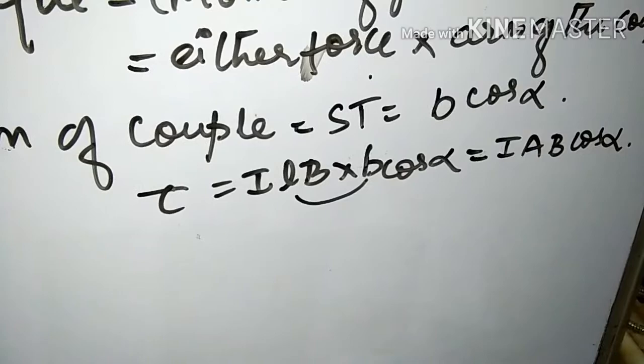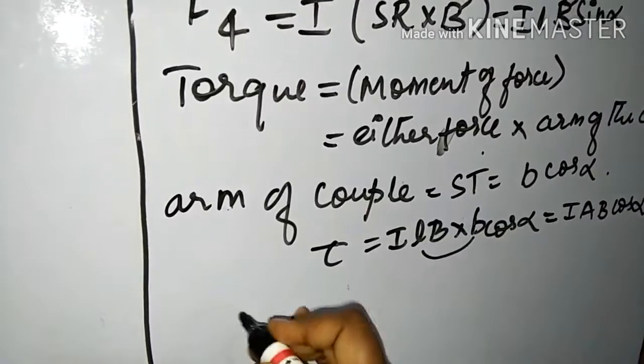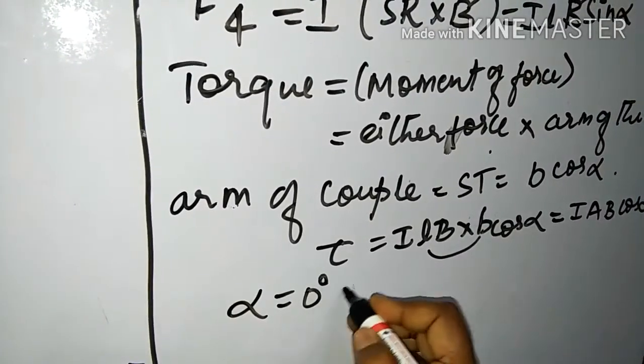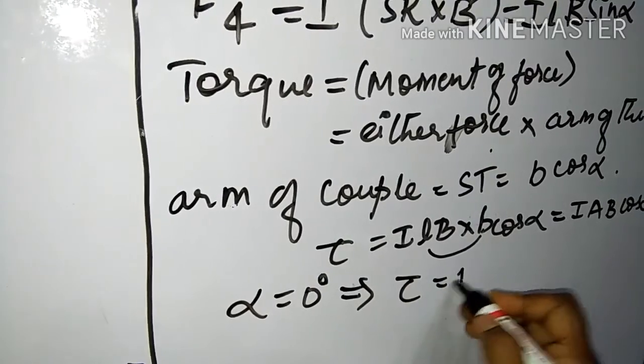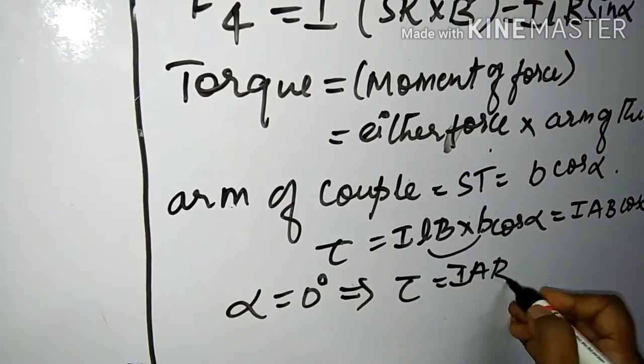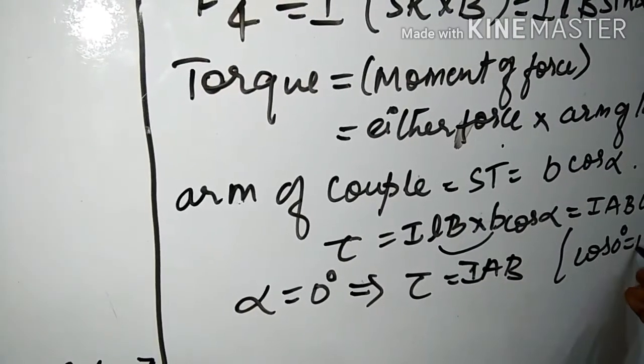For the maximum value, if alpha equals 0 degree, then torque will be I A B, because cos 0 degree equals 1.